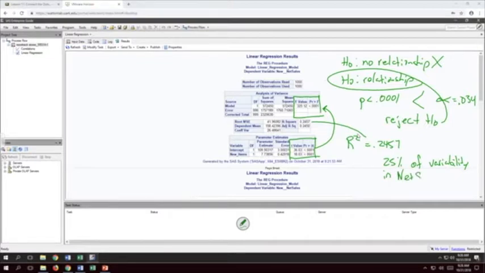Net sales. Can be explained by the relationship between items and net sales.